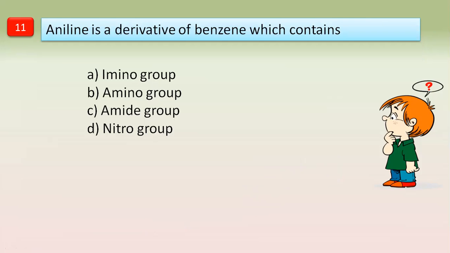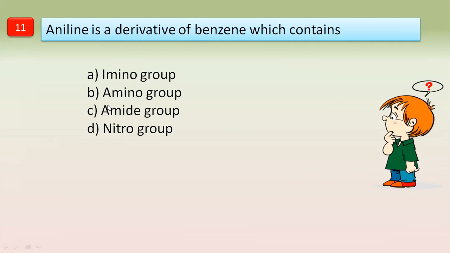Aniline is a derivative of benzene which contains, okay, so aniline contains which functional group? Imino, amino, amide or nitro functional group. Aniline's formula is C6H5NH2.